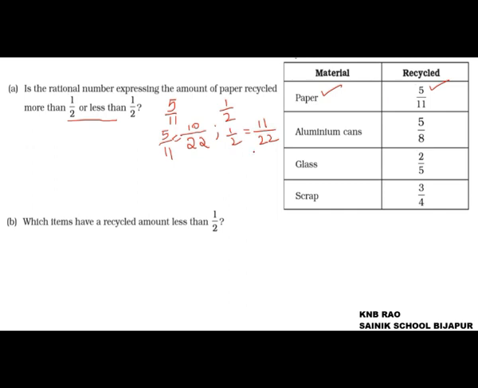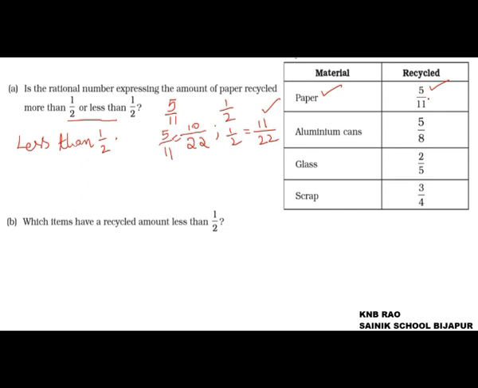Now you can compare that 10 by 22 and 11 by 22 because both are having same denominator, and amongst them half is more, that is 11 by 22 is more. Therefore we can say 5 by 11, which is the fraction representing paper recycled, is less than the half. This is one method. There is another method which we can do.